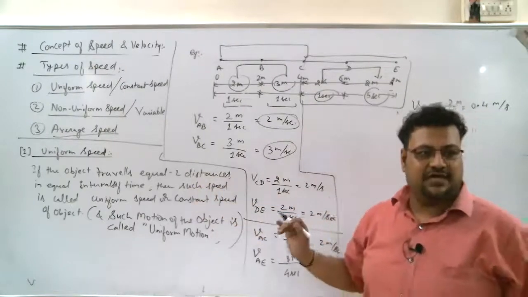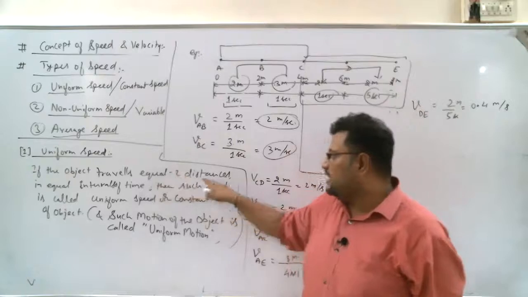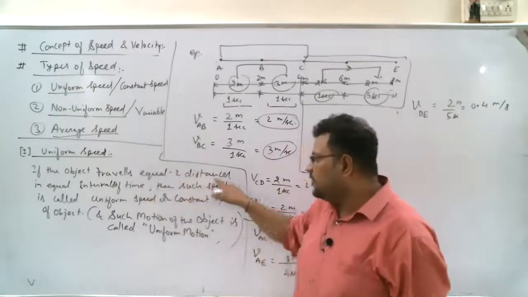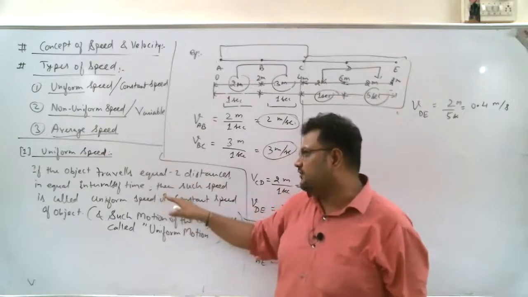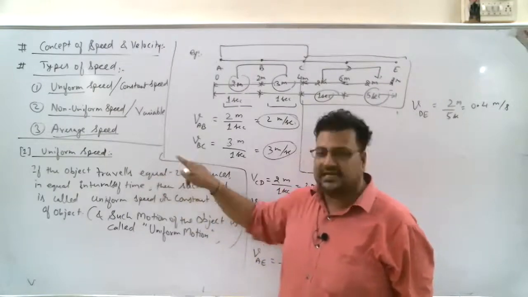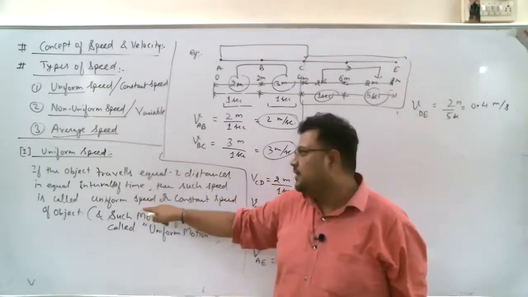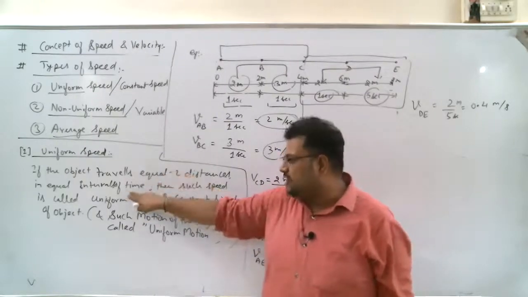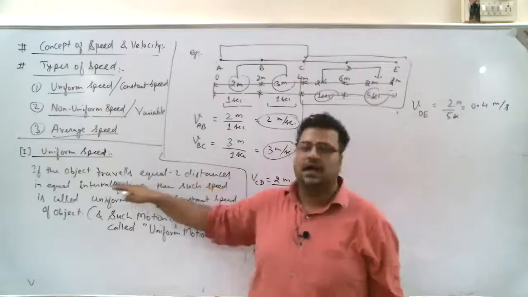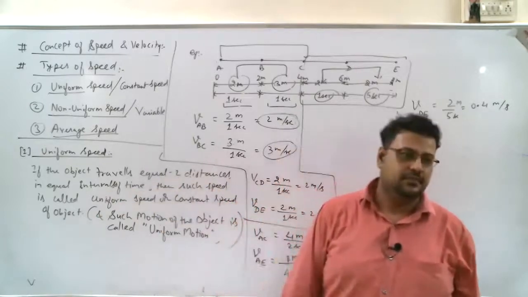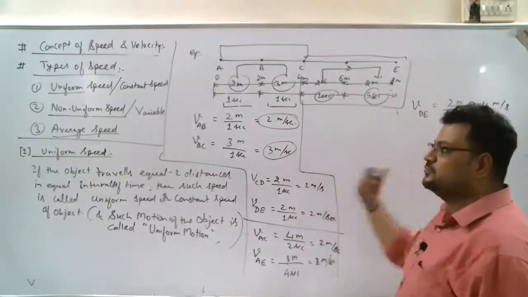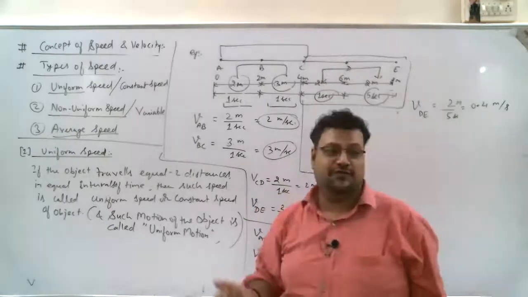If the object travels unequal distances in equal intervals of time, or equal distances in unequal intervals of time, such speed is known as non-uniform speed, and such motion is known as non-uniform motion.